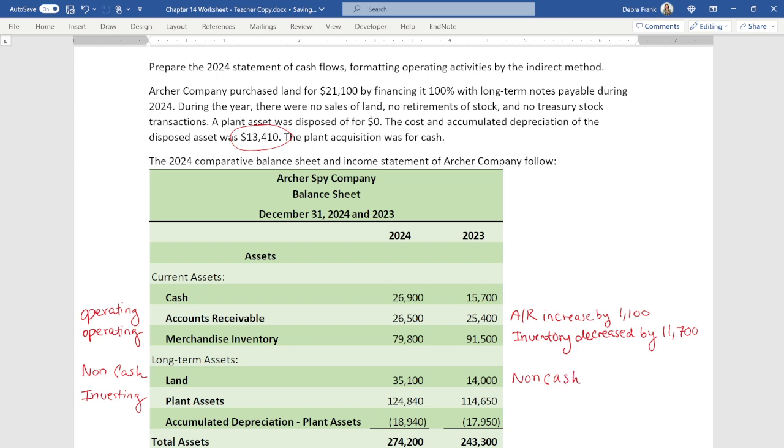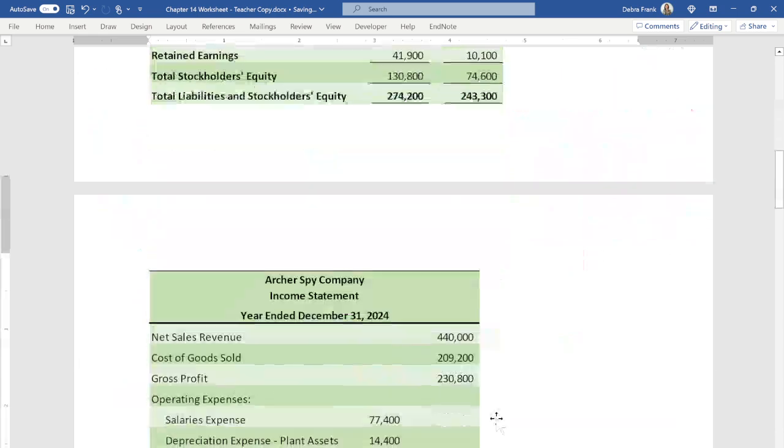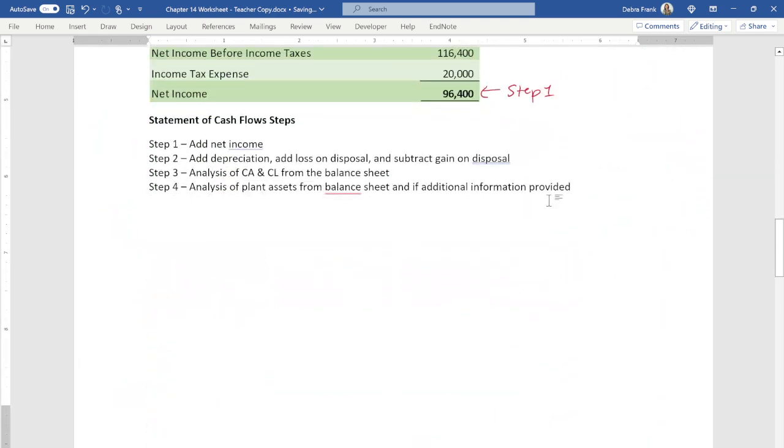And so our plant assets, the difference for them is increased by 10,190. Okay. So we're not done yet because we need to account for that disposal as well, which was 13,410.